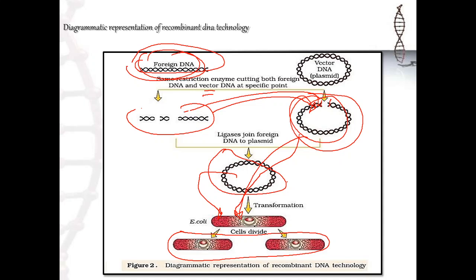So that when that particular host bacteria replicates, sasabay na ngayon sa replication yung plasmid natin carrying the foreign DNA from the different source. Okay? So that is how the recombinant DNA technology has been done.